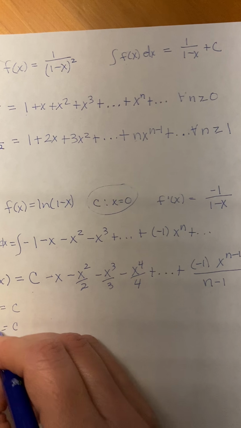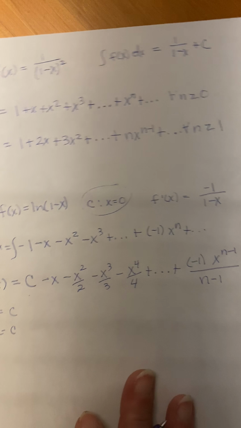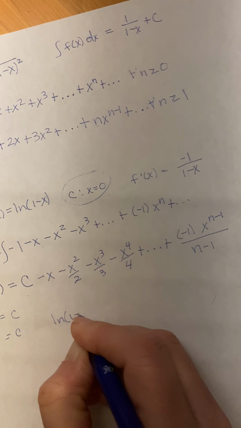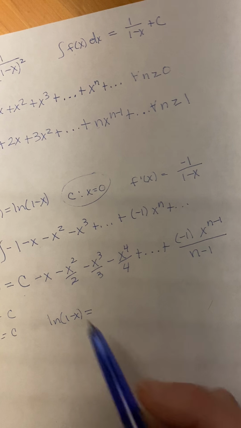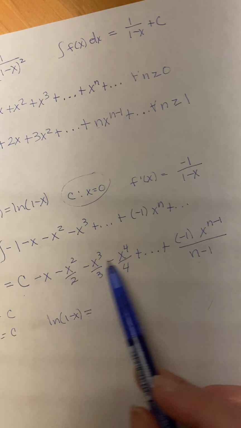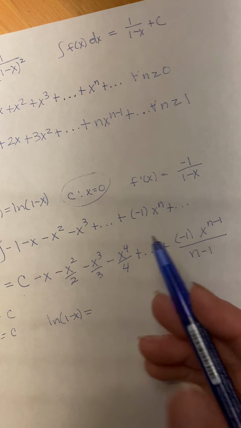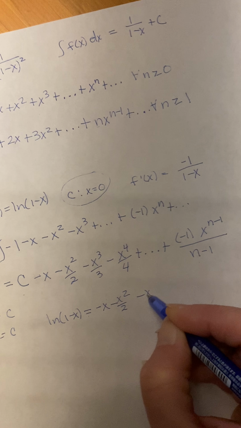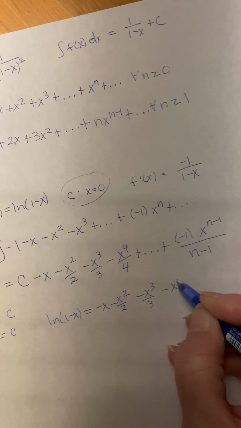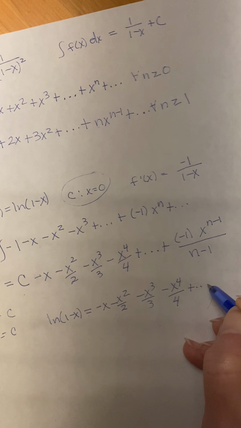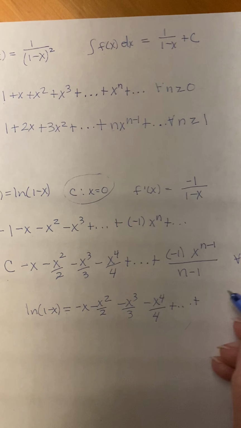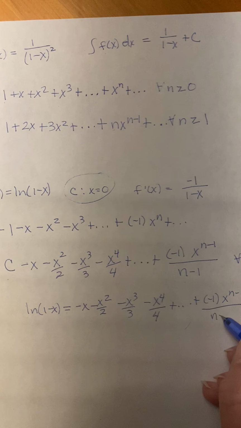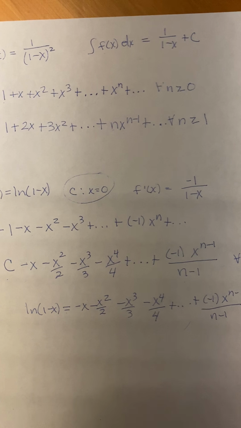c equals 0. So we could rewrite this whole power series here and include ln of 1 minus x equals now. And remember, we can put in equals here because these are going to go to infinity the way we wrote this. All right, and so we'd have negative x minus x squared over 2 minus x cubed over 3 minus x to the 4th over 4 plus dot dot dot plus our nth term, negative 1 x to the n minus 1 over n minus 1 for all n greater than or equal to 0.